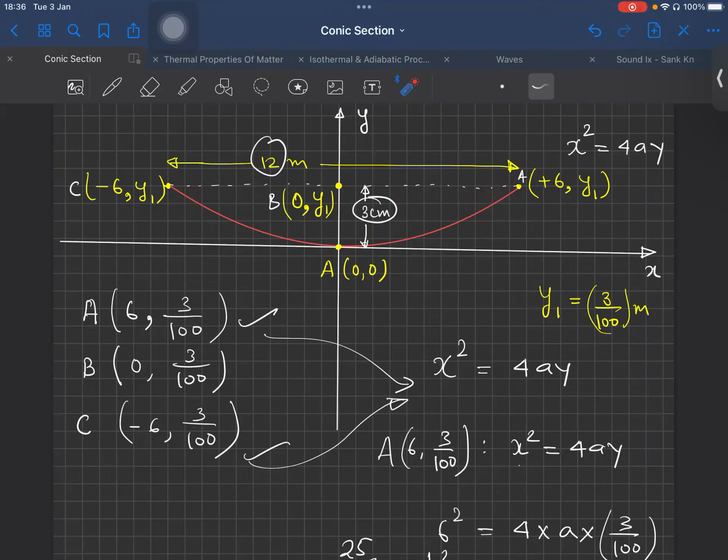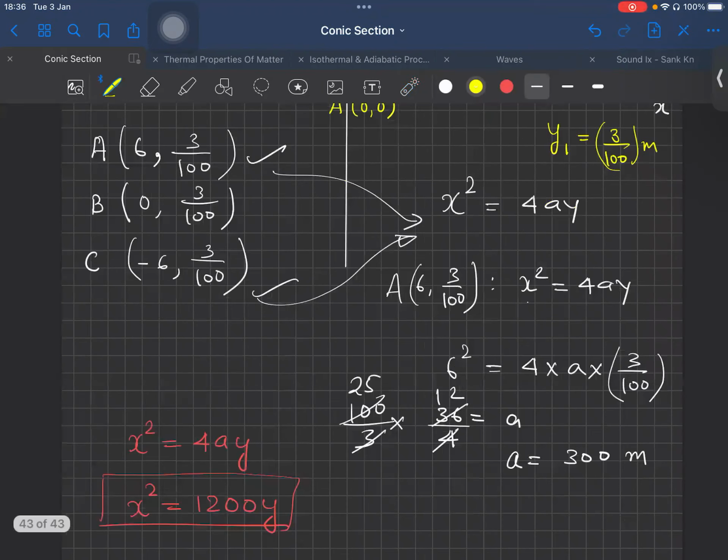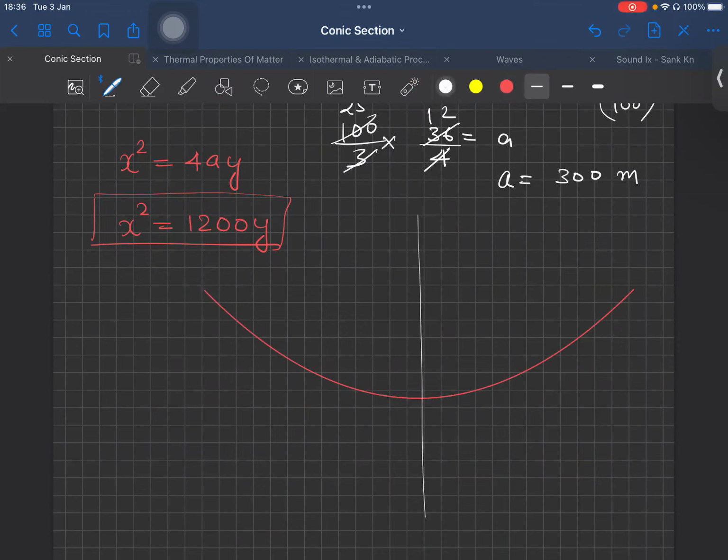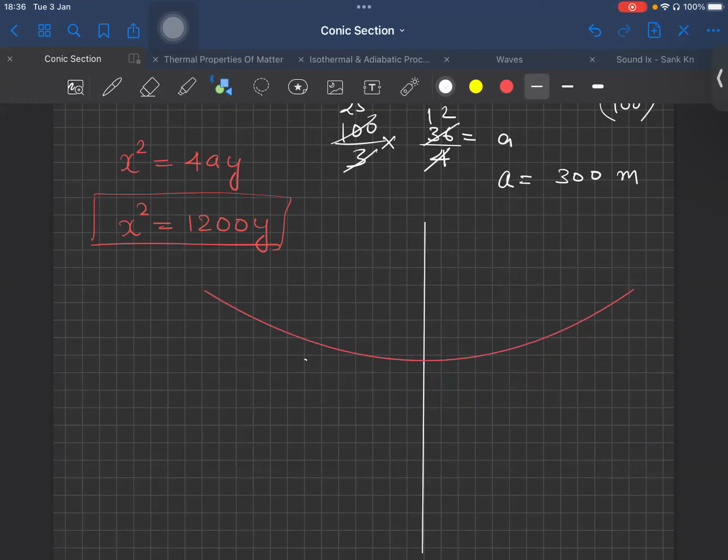Okay. So let's now draw it again. This is the parabola that you have got. Let's draw the axis. You can solve the problem by looking at Google or somewhere, but to understand the problem is the most important thing. So always try to understand the problem rather than just substituting the values.